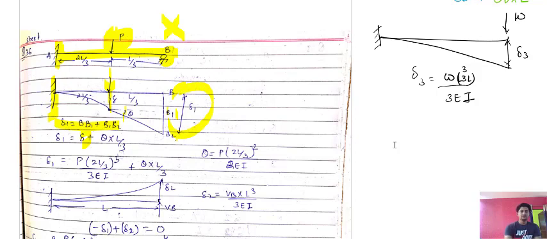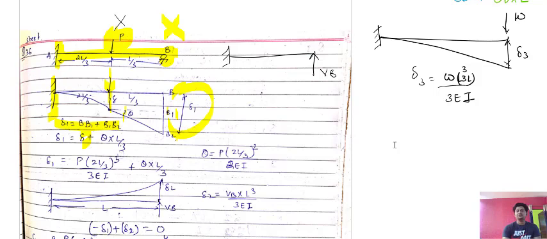Now you can see I will remove this load, and I will put this cantilever beam like this, so that there is a roller support. The roller support has only a vertical reaction, that is equal to VB. Now, this is a cantilever beam where the point load is acting at the end point.